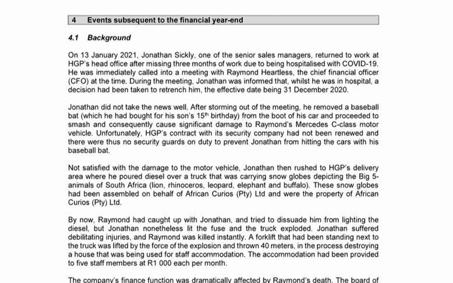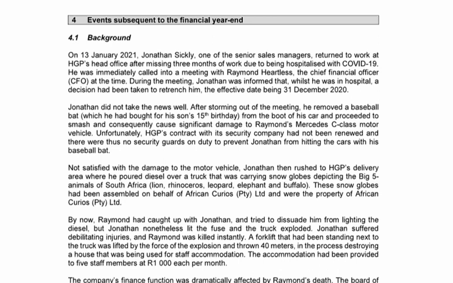These snow globes had been assembled on behalf of African Curios Pty Limited and were the property of African Curios Pty Limited. By now, Raymond had caught up with Jonathan and tried to dissuade him from lighting the diesel, but Jonathan nonetheless lit the fuse and the truck exploded. Jonathan suffered debilitating injuries and Raymond was killed instantly.